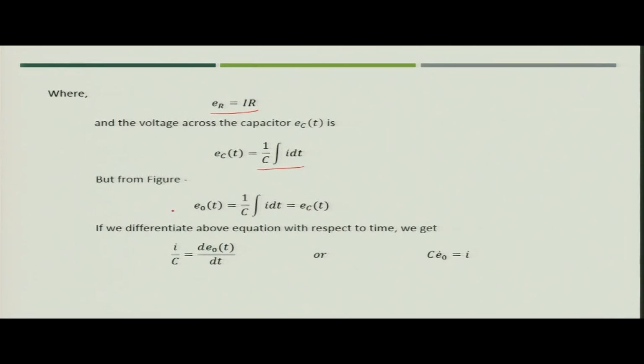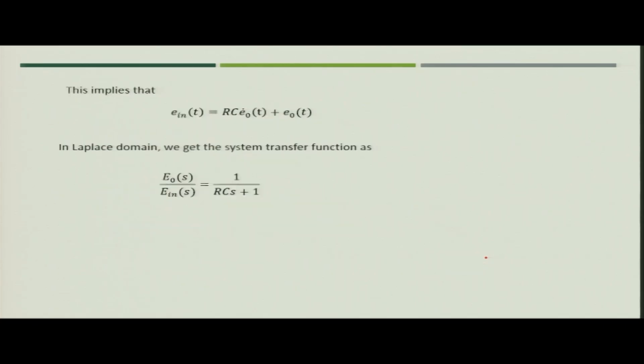Now, if you differentiate the above equation with respect to time, you can write I by C is d E naught by dt, or in short form C E naught dot equals I. Now we have one equation, and we put this into the Kirchhoff voltage law equation, that is E in equals R C E naught dot plus E naught.